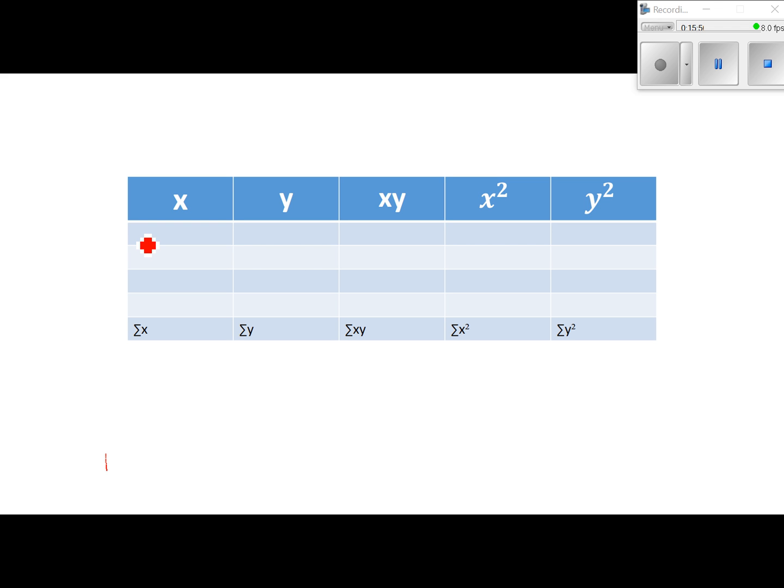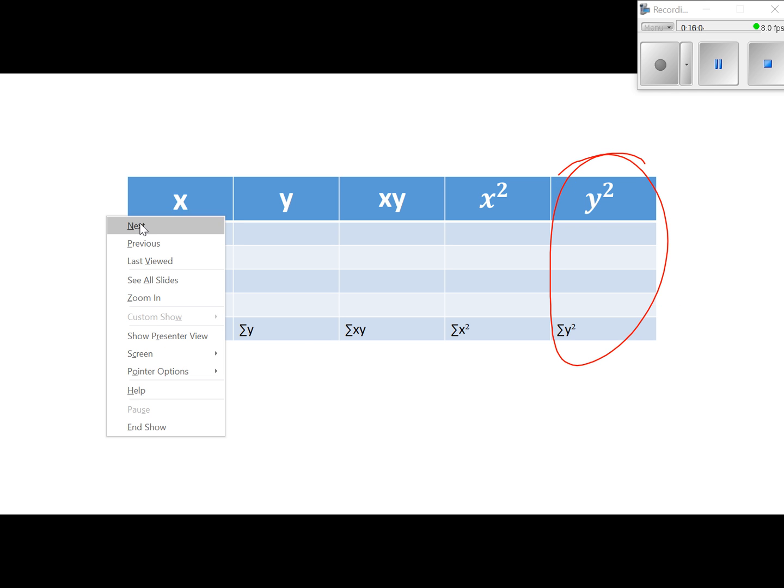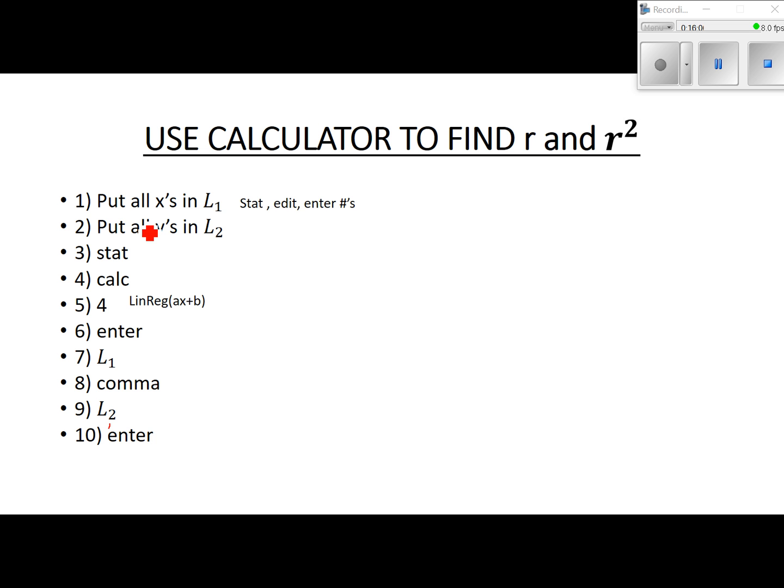This is the box again. Last time we didn't use this column, but this time to find r we're going to. For your calculator, to find r on your calculator, you're going to do these steps. Give you a second to make sure you got that down.